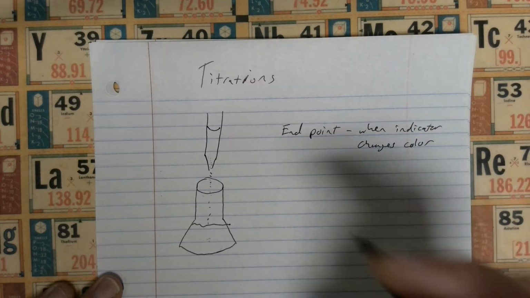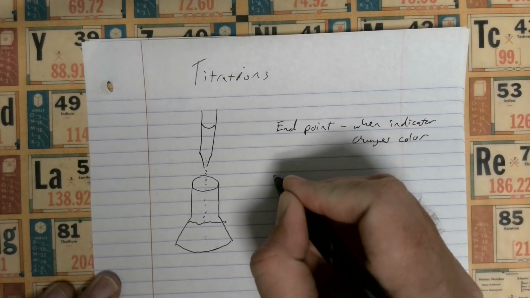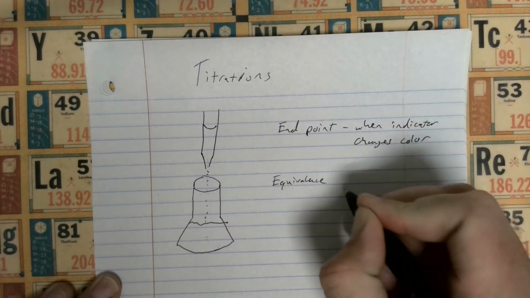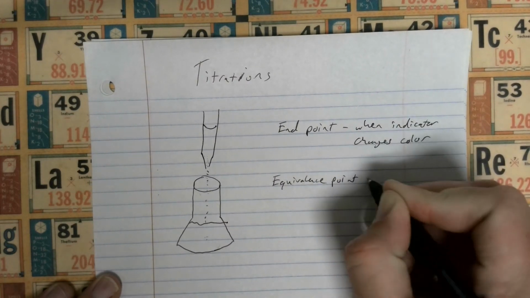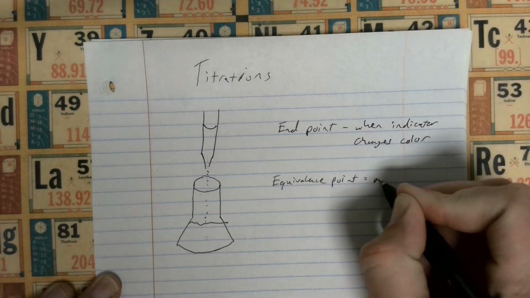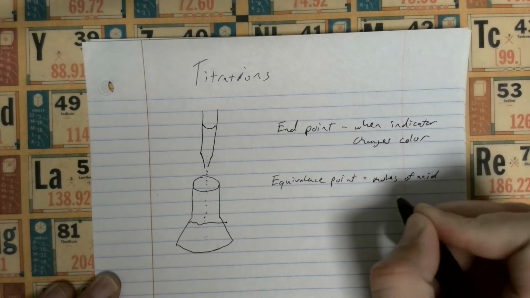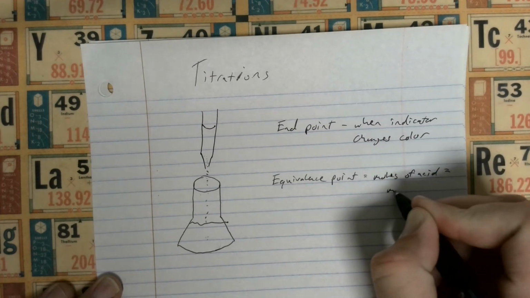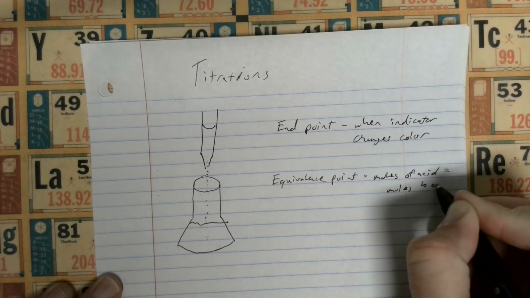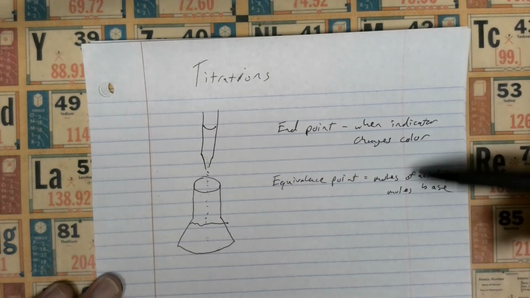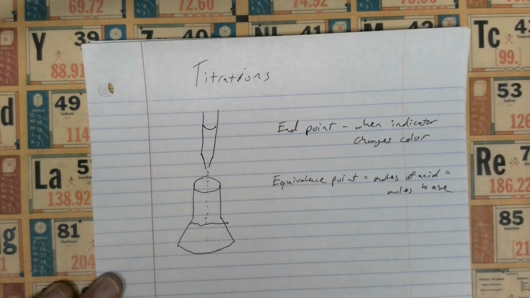So now the equivalence point is where moles of acid equal moles of base. So hopefully if you pick the right indicator, then these two should match or be really close.